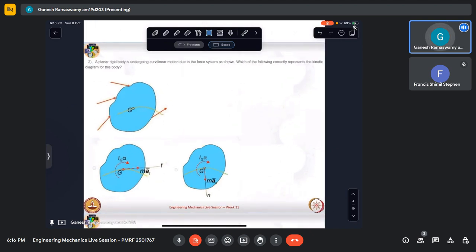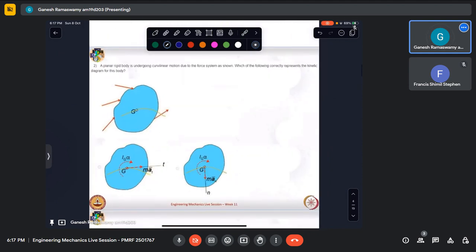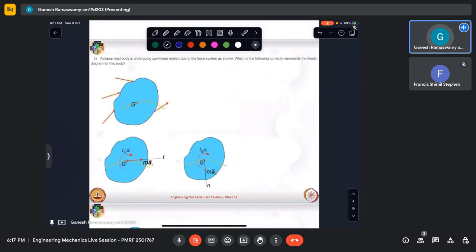A planar rigid body is undergoing curvilinear motion due to the force system as shown. Which of the following represents the correct kinetic diagram for this body is what is asked. Now we know that given a body undergoing rectilinear translation, let us say this is an ellipse, and let this be the center of mass because of some non-uniform distribution.